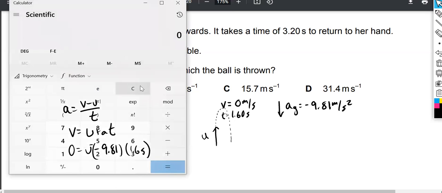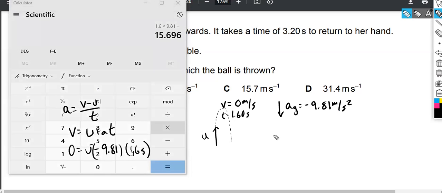So we've got 1.6 times 9.81, and the calculator value is 15.696 meters per second.